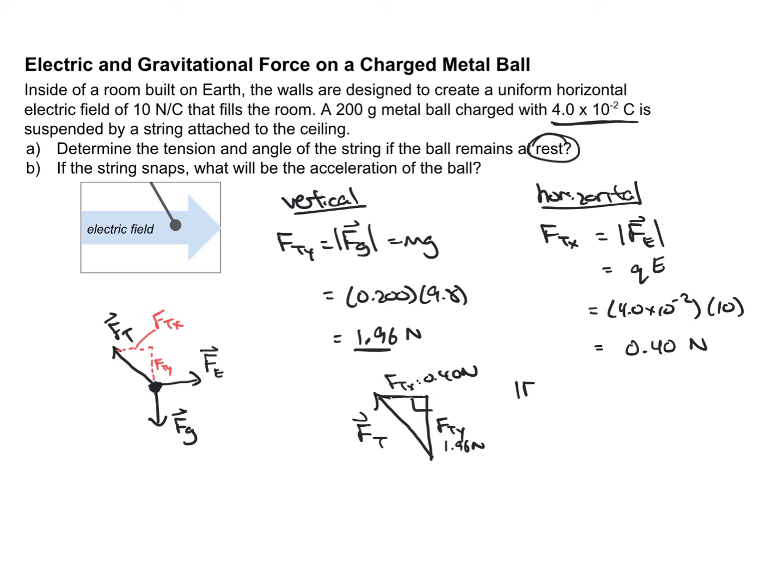So the Pythagorean theorem will do that. Let me get my calculator up, type that in. Well, that'll give me 2.0 when I round it to 2 sig figs.